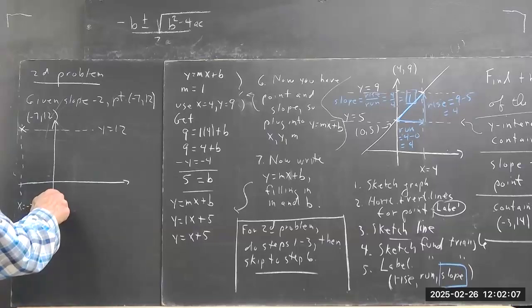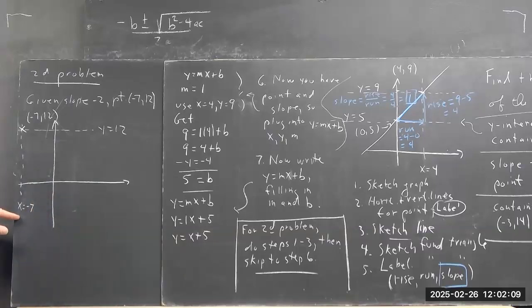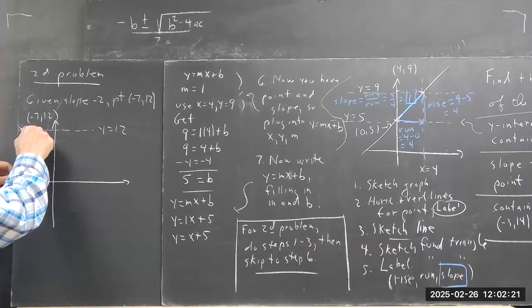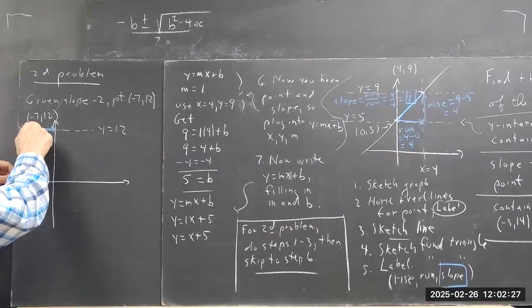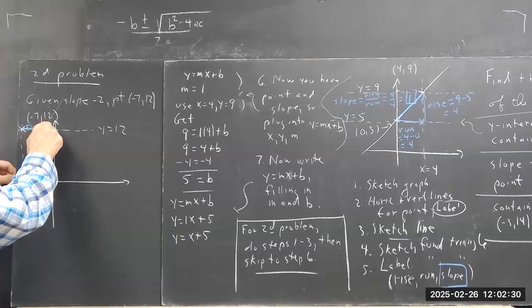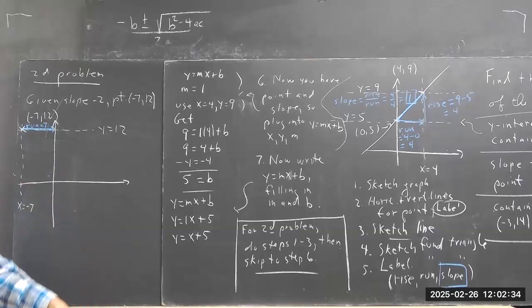Well, we can actually do that. From x equals -7 to x equals 0, your run is 7, right? So I can do this. It helps you to locate where your point is.